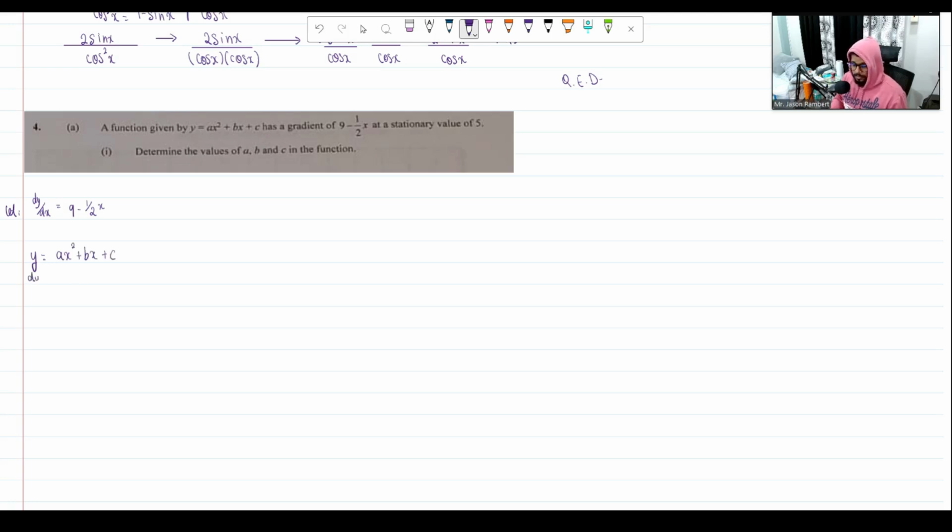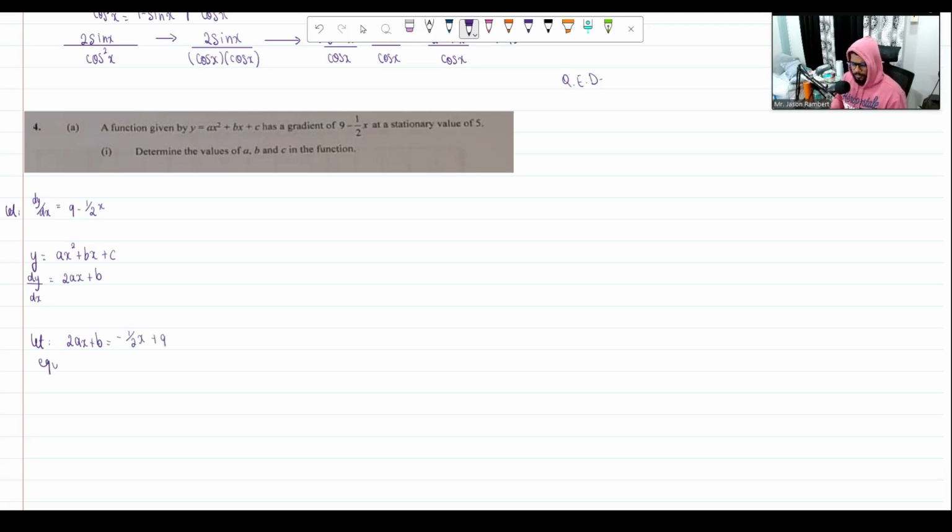I could say that dy/dx from here is equal to 2ax plus b. Now, I have 2 separate but technically the same functions for dy/dx. I'm going to let both of them be equal to each other. I'm going to let 2ax plus b be equal to minus a half x plus 9.